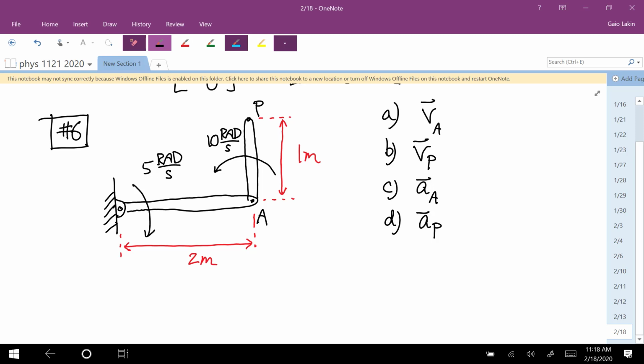Imagine it said it's rotating 5 radians per second clockwise, so the same as this one, okay? There are two possible things that could mean. One is, since it's connected to this body, as this rotates down, this angle is getting more obtuse as it goes. You see what I'm talking about?